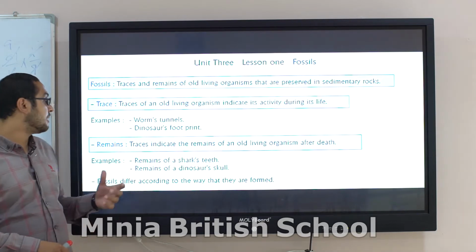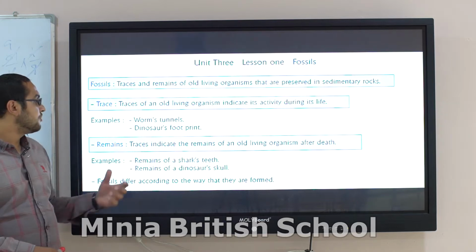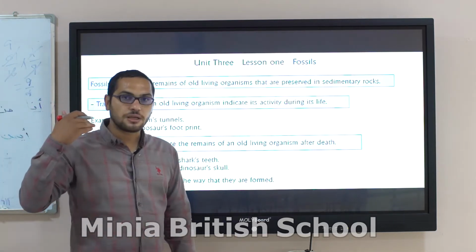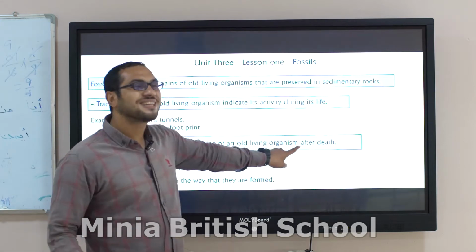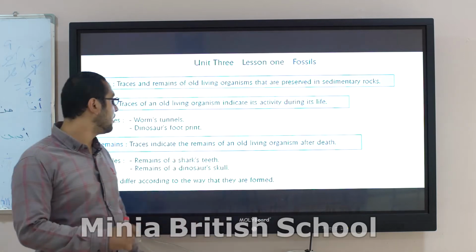So what about the remains? Remains means traces that indicate the remains of an old living organism after death.